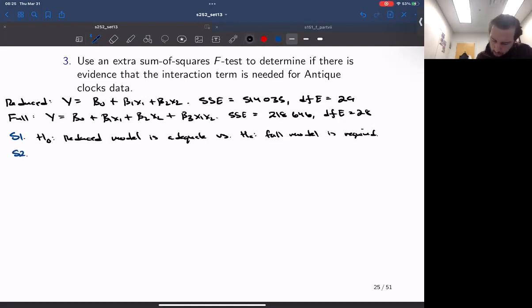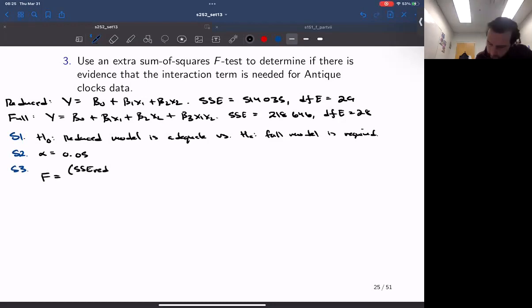On step 2, we state our significance level. We can just use the standard 0.05. On step 3, we compute our test statistic.